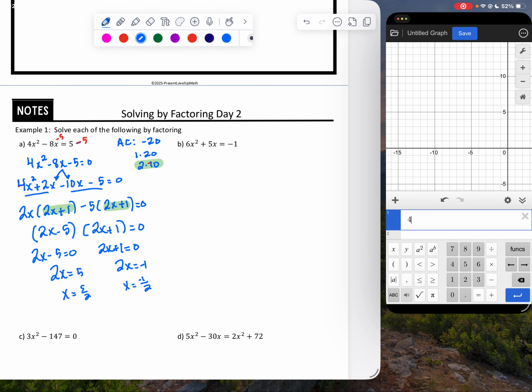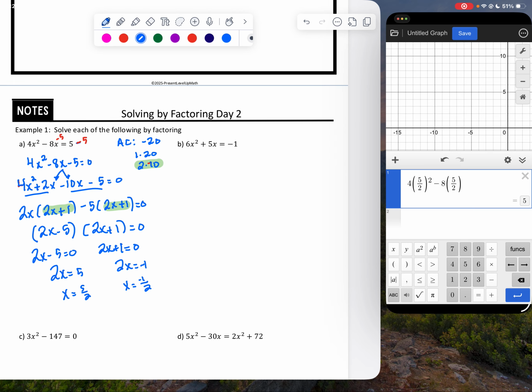So 4 times (5 over 2) squared, minus 8 times (5 over 2), and that equals 5. That's exactly what it was supposed to equal.